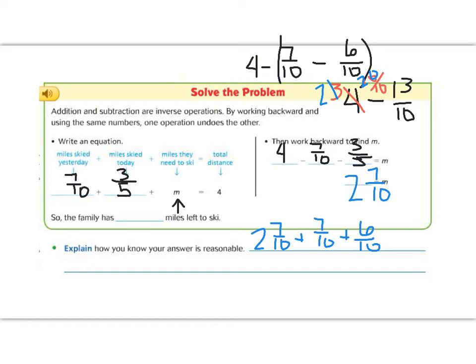So 7 plus 7 is 14, plus 6 gives us 20/10, and 2 20/10, well, 10 goes into 20 twice, so that means I really have 2 plus 2, which is 4, which is what we were trying to get to. So I know my answer is reasonable because when I add them all back up together, I get my original answer back out. Great job, 5th graders!